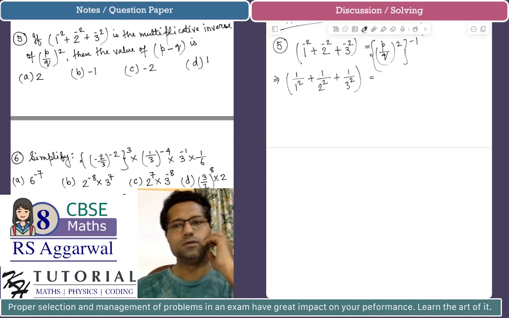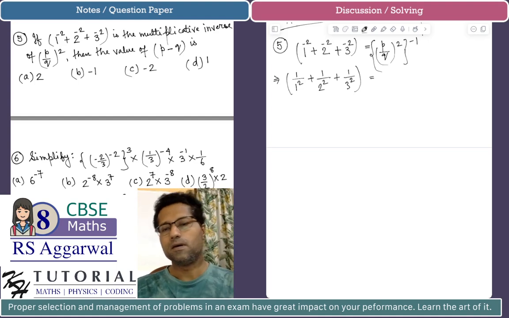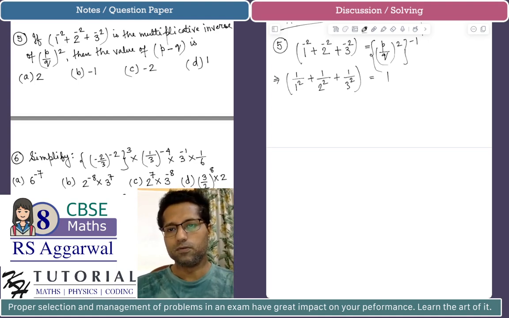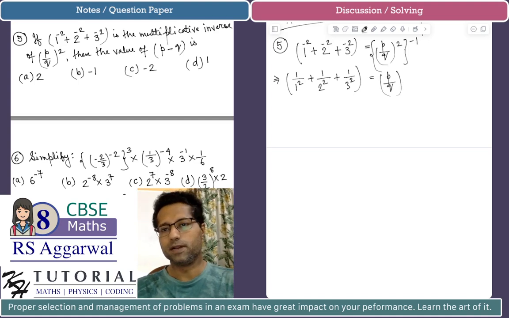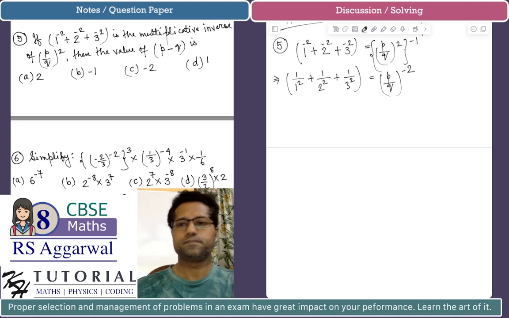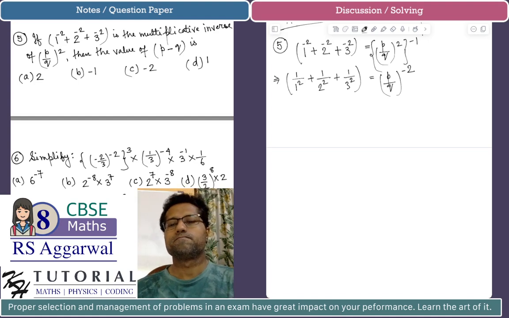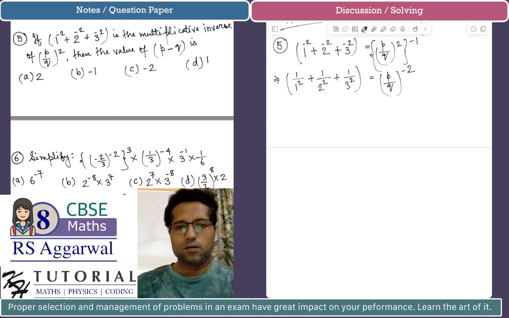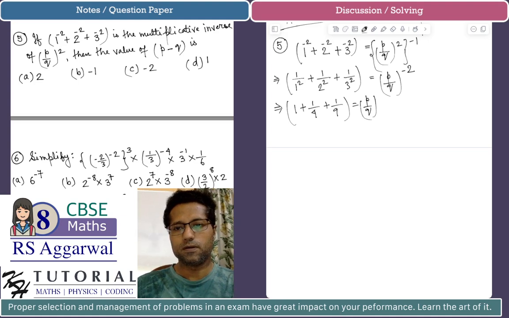This will be equal to p by q whole raised to the power 2 into minus 1, that is minus 2. So this implies 1 plus 1 by 4 plus 1 by 9 is equal to p by q raised to the power minus 2.